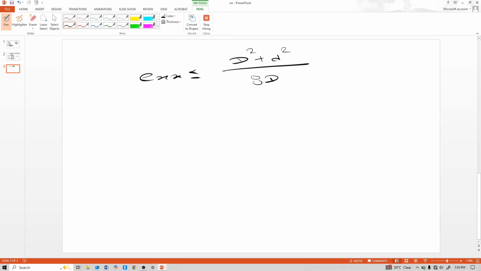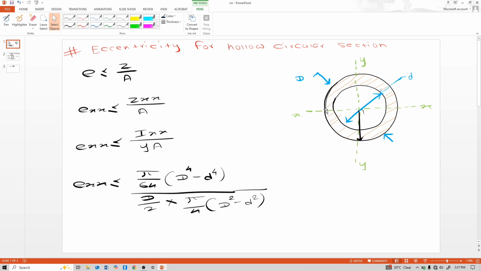So the load can be eccentric on any side of the geometrical center by an amount equal to capital D square plus small d square upon 8D. See, the moment of inertia for the hollow circular section about the x axis and about the y axis are similar, and the area is also similar. So that's why we are able to consider it like that.